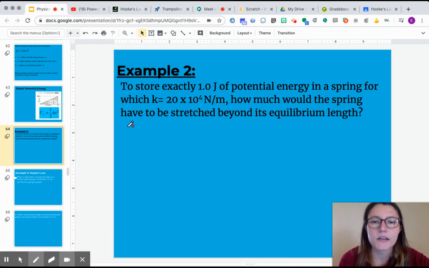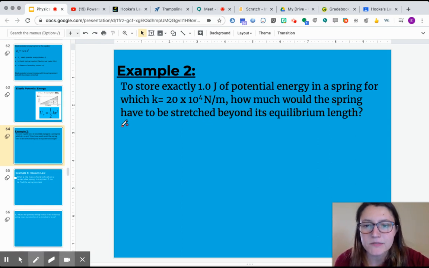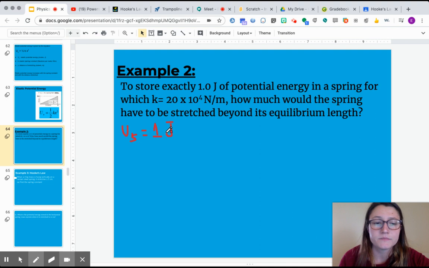So basically here we are given the amount of elastic potential energy that the system stores. So we determine that elastic potential, U sub s, is equal to 1 joule, based on its position. The spring constant, the rigidness of the spring, is equal to 20 times 10 to the 4 newtons per meter.